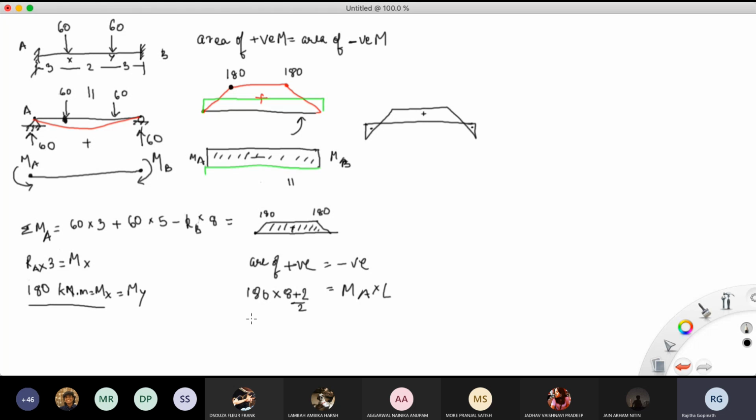So 180 into 5 divided by 8. So MA is equal to 112.5 is MA.